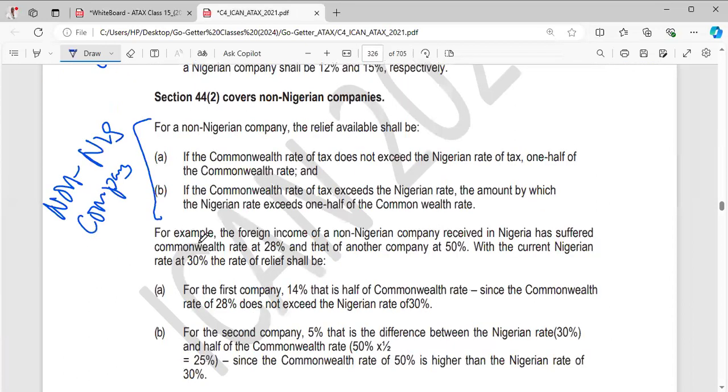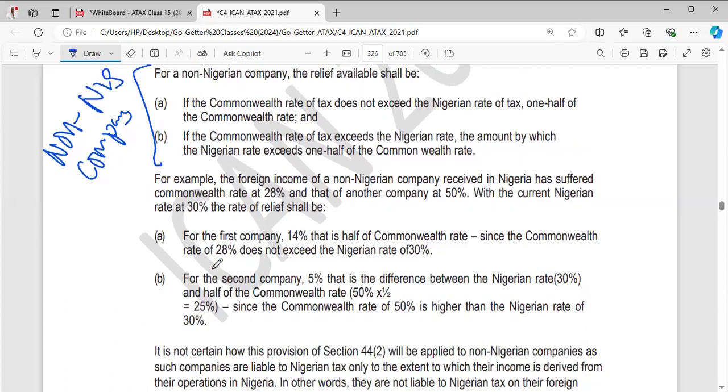Now, if the foreign income of a non-Nigerian company received in Nigeria has suffered Commonwealth rate of 28%, like I said, and that of another company at 50%, with the current Nigerian rate at 30%.